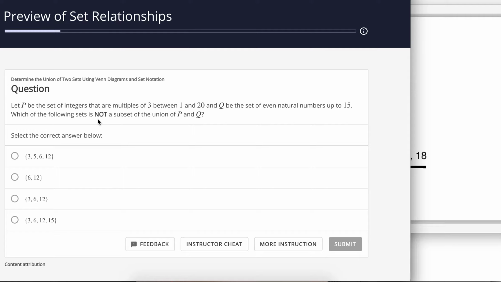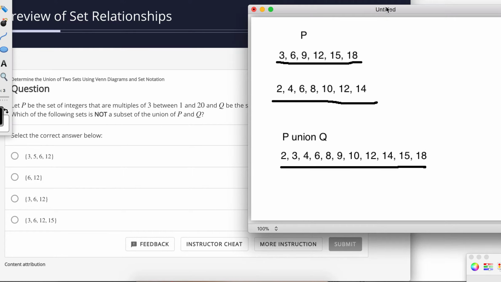Which of the following sets is not a subset of the union of P and Q? A subset just means a smaller portion of the bigger set. So 3, 5, 6, and 12, for example. 3 is a member of P union Q. 5 is not a member of P union Q, so that is not a subset.